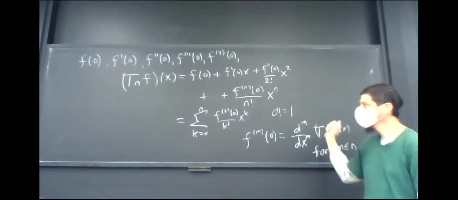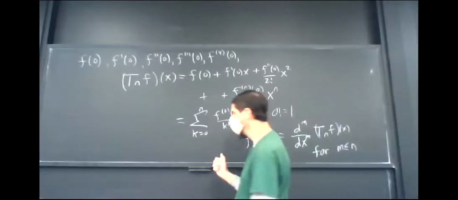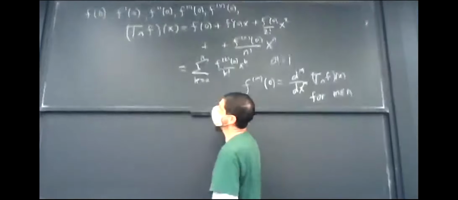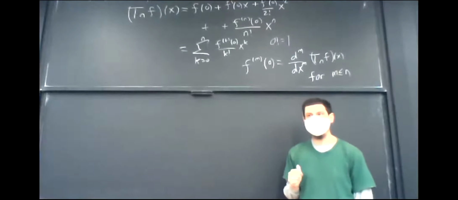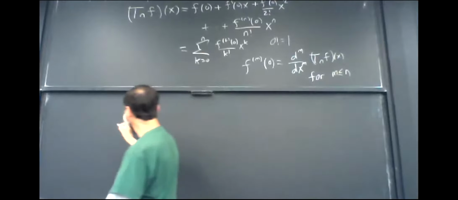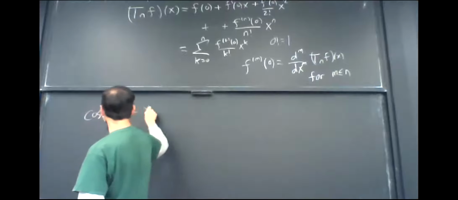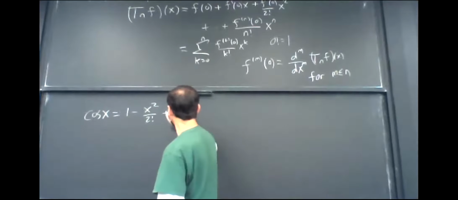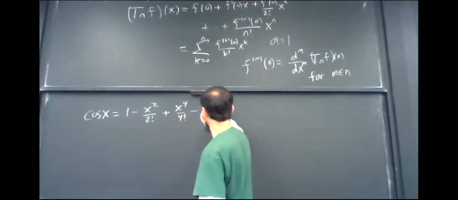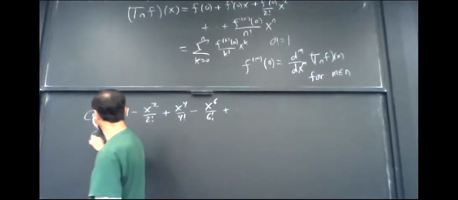Okay, any questions about the general theory? So this is what's going on for one variable. And then we can calculate the Taylor series of standard functions. So in the video, we do cosine of x is 1 minus x squared over 2 factorial plus x to the 4th over 4 factorial minus x to the 6th over 6 factorial, and so on.